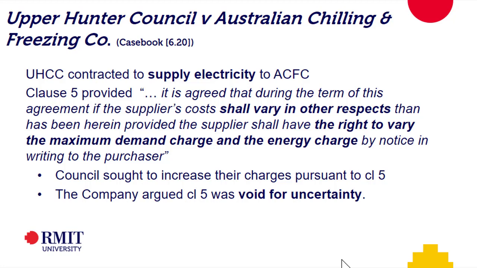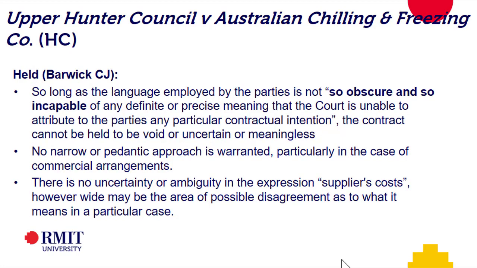Okay, well, you're in good company because Chief Justice Barwick agrees with you. I would say it's on Chilling and Freezing to have better determined that clause if they didn't like it. If they had good contracts lawyers, they would have picked up on that. And basically, Chief Justice Barwick agrees.